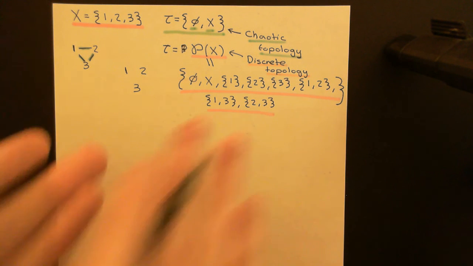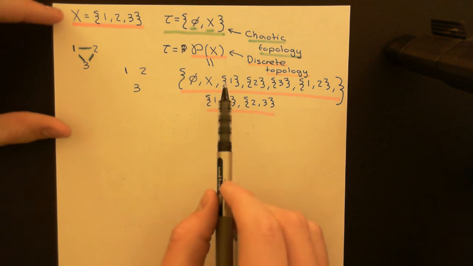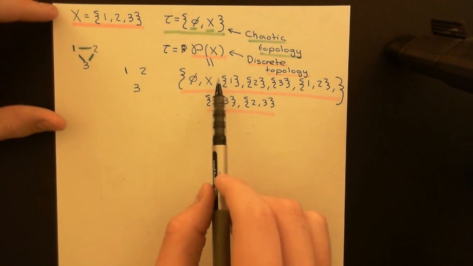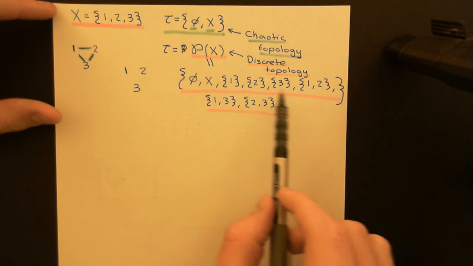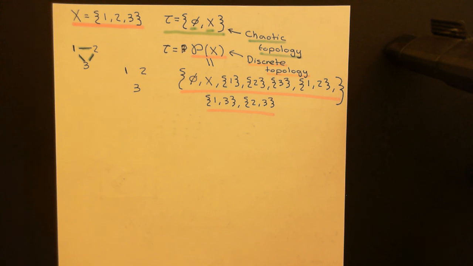And again, this argument extends for an arbitrary set capital X. If you have the discrete topology, then you're going to have all of the subsets that just contain each and every element on their own, and therefore I'm not going to be able to draw lines between any of the elements in that set. So indeed, all of the elements are just going to be with nothing next to them. They're all going to have no connections to other elements whatsoever. And that is why this is called the discrete topology.